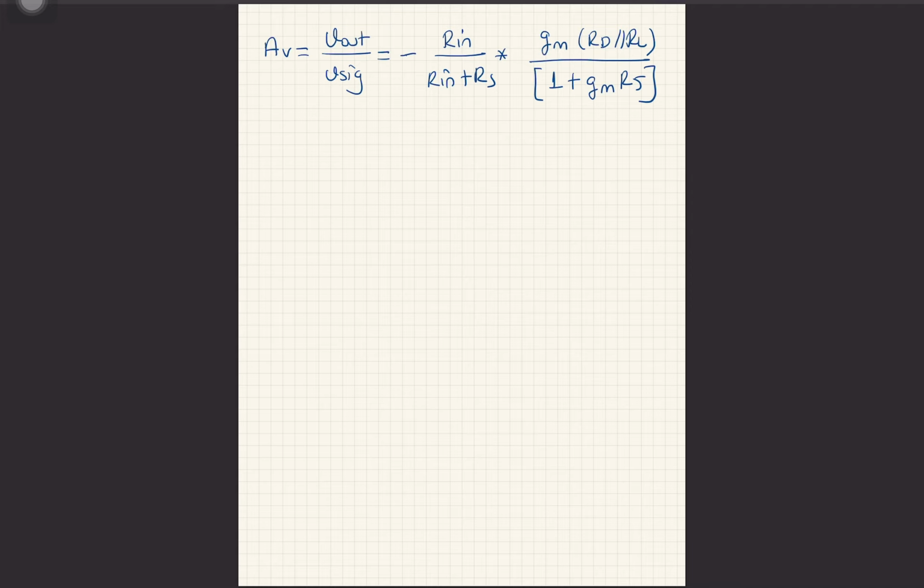And when we analyze it, again we have a negative sign, which means that this is an inverting amplifier. It's because of that negative sign. Again, the Rin divided by Rin plus Rs term appears, and to maximize the gain, you want to maximize Rin.